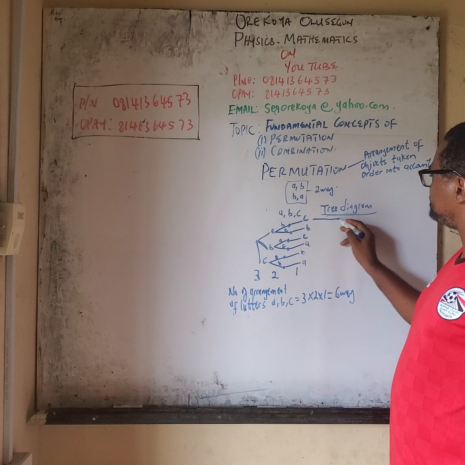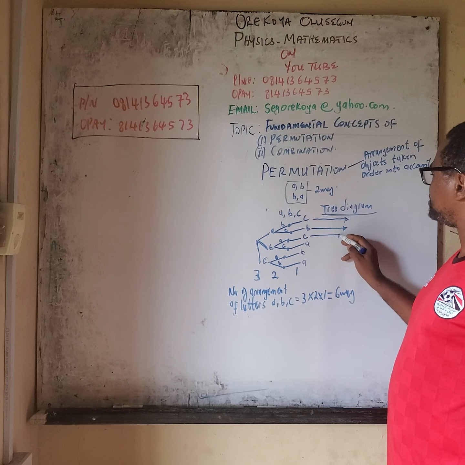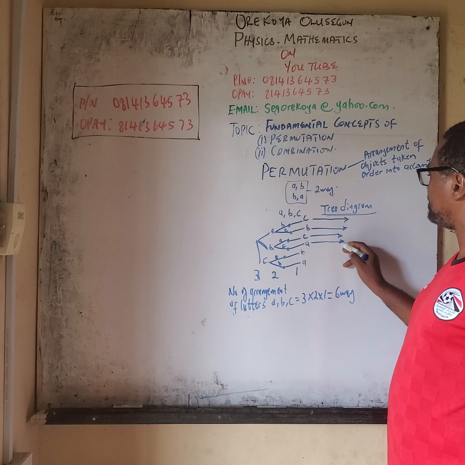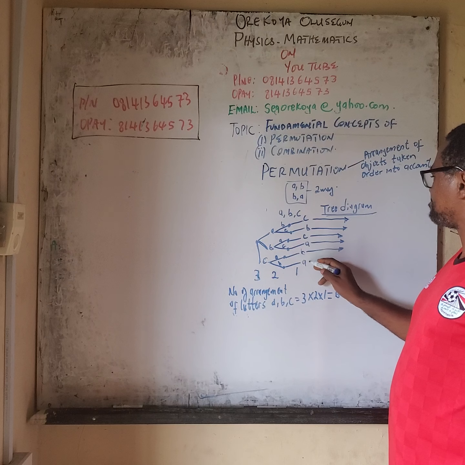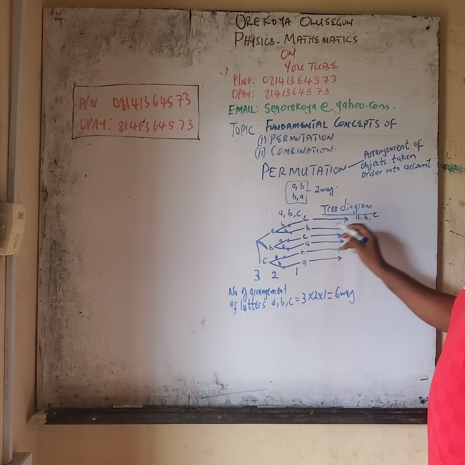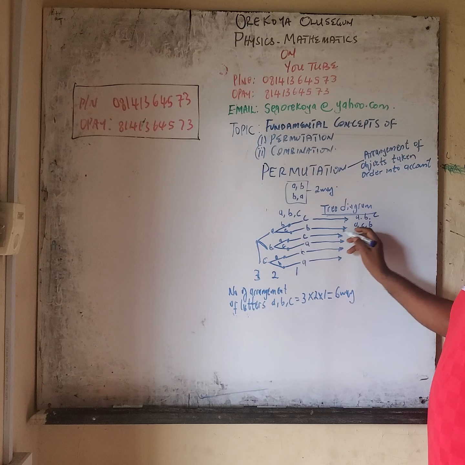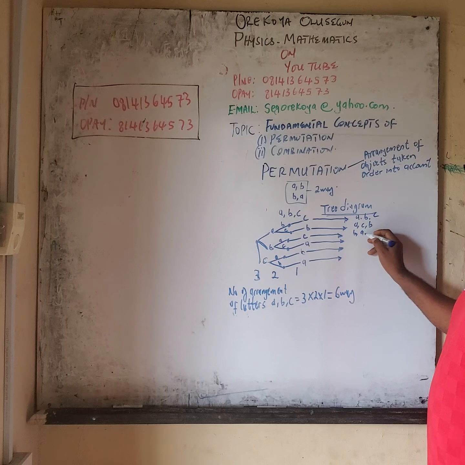So the outcome of arrangement for each of the branches is what I want to put out here. Here I'm having ABC. Here I'm having ACB. Here I'm having BAC.